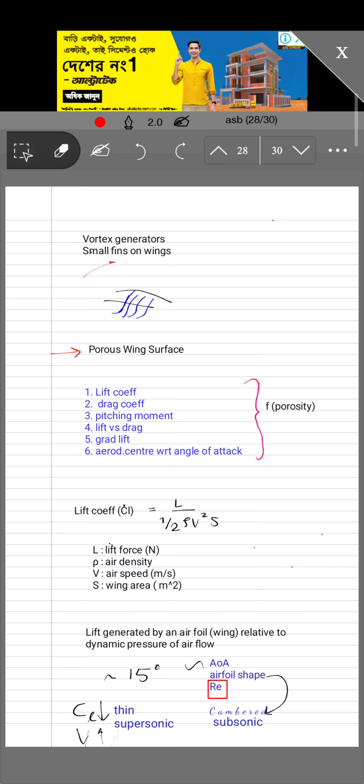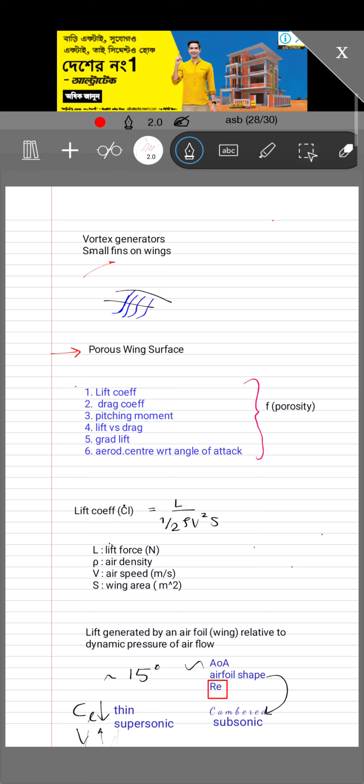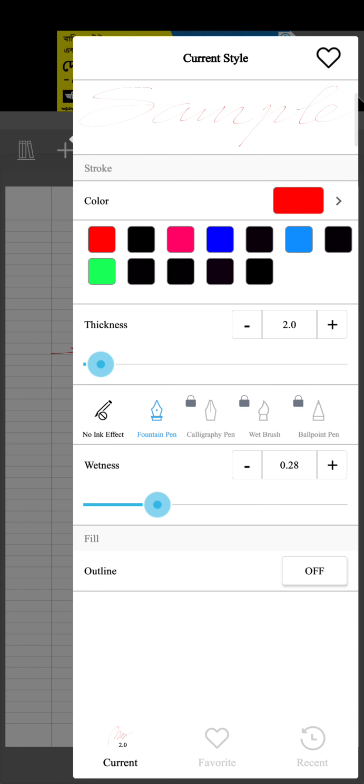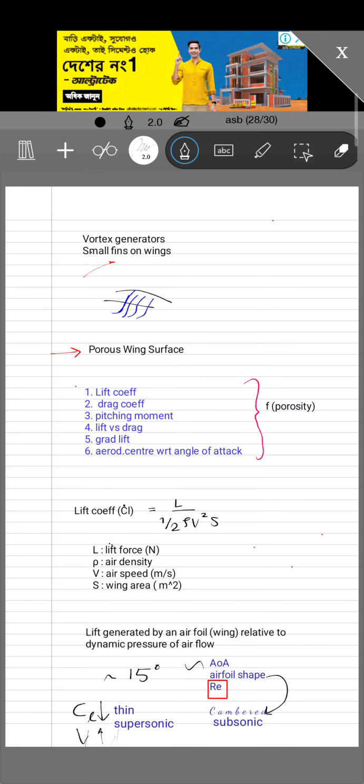Now, having a porous wing structure affects the turbulence through the following force components: the lift coefficient, the drag coefficient, the pitch moment, the lift versus drag, the gradient of lift, and the aerodynamic center with respect to angle of attack.